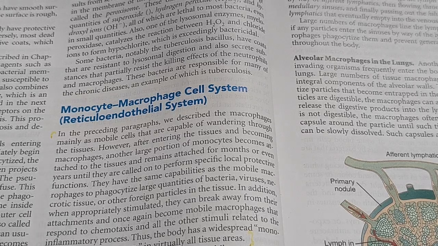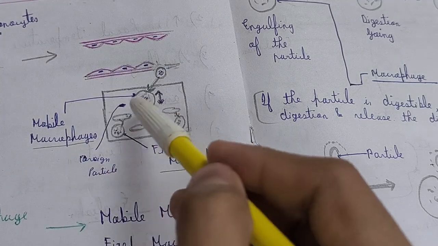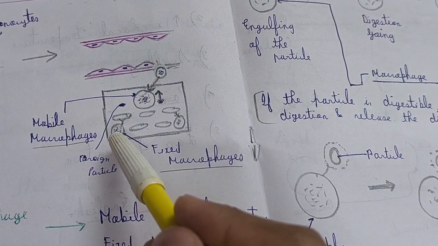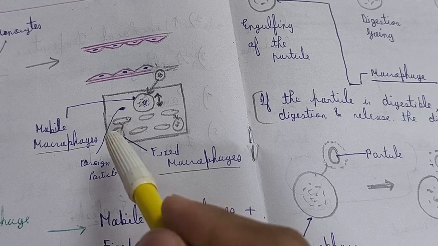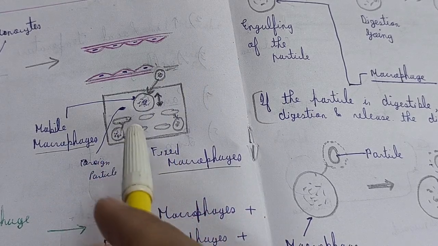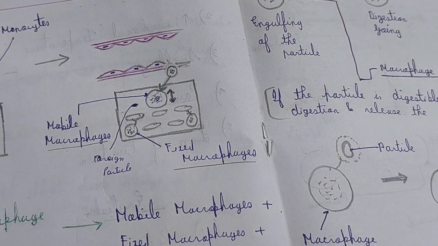The only difference is that mobile macrophages are derived from monocytes, whereas fixed macrophages are present in the tissues or cells from the initial point, or for a longer period of time, though they are also derived from monocytes.